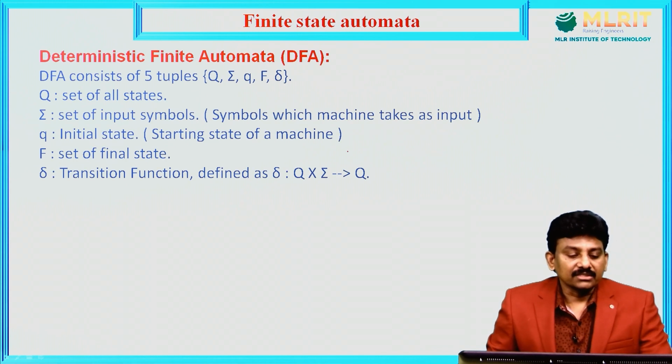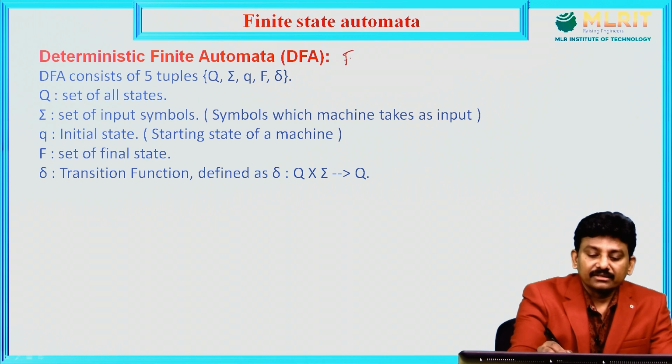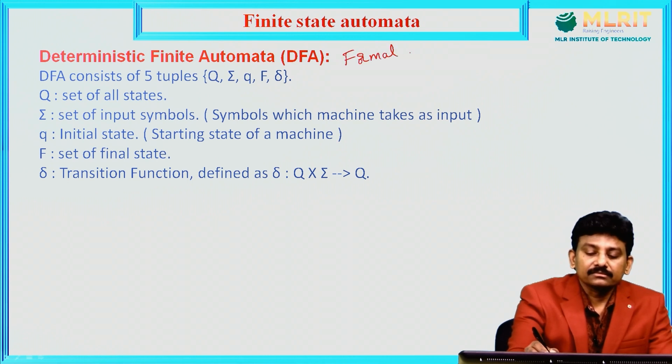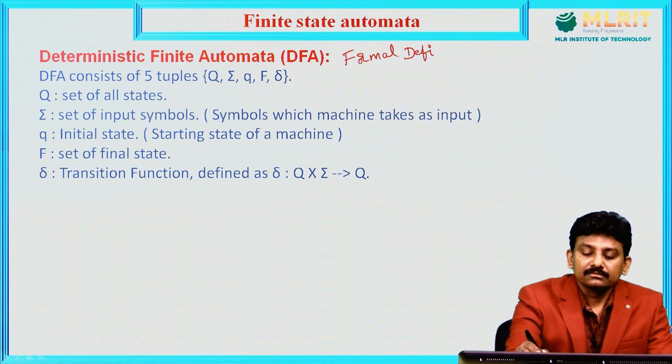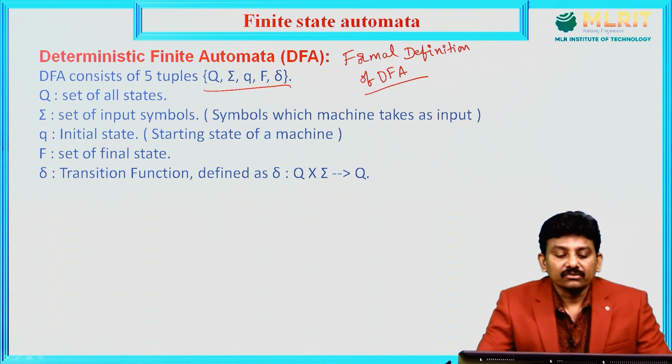Next, deterministic finite automata. The formal definition of a deterministic finite automaton: it is a 5-tuple (Q, Sigma, delta, q0, F).